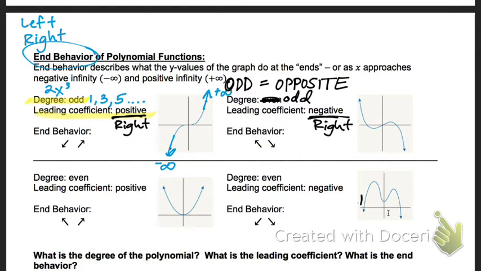What I would want you to say is: as x approaches negative infinity, which is saying to the left, because as my x values are going to the left, as x is going to negative infinity, f of x also goes to negative infinity.